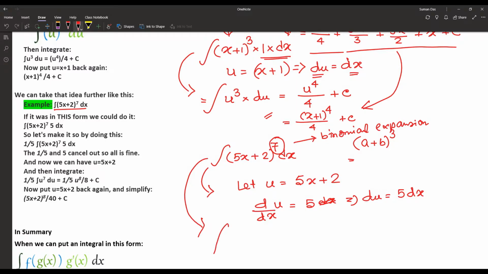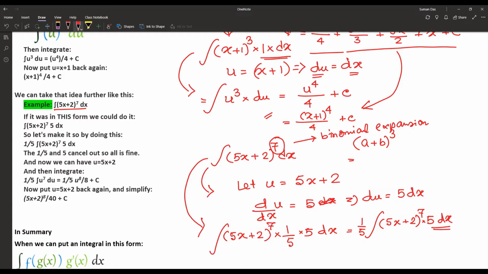Here that is (5x plus 2) whole to the power 7, only dx has been given. So we multiply by 5 with that one, and for the result we also divide it by 5. So that becomes 1 by 5 of (5x plus 2) whole to the power 7 of 5 dx.